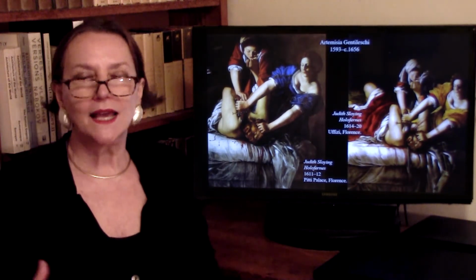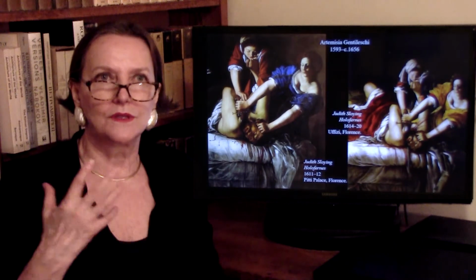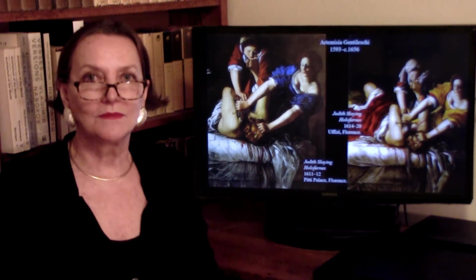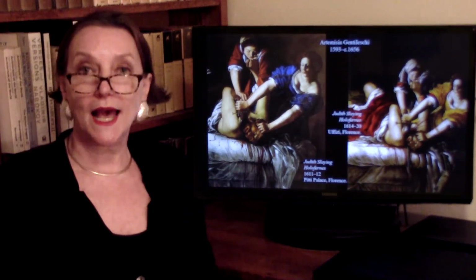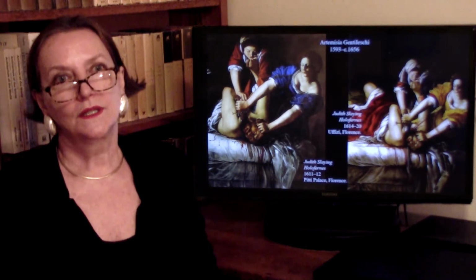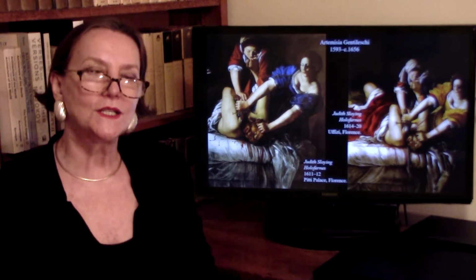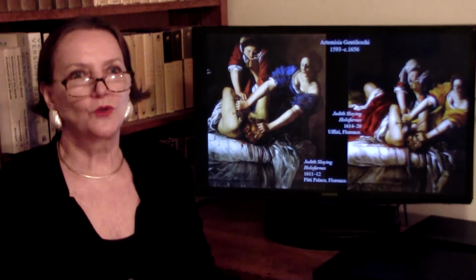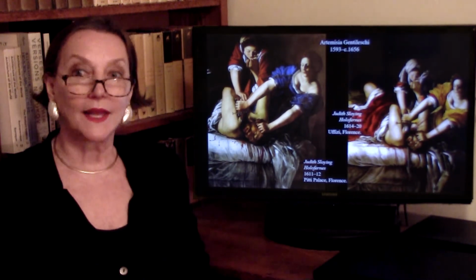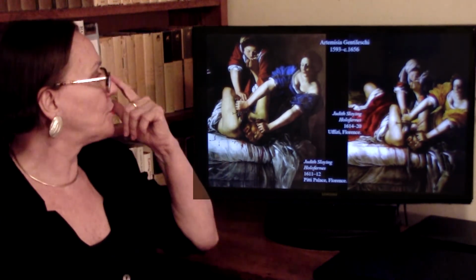So that's one thing. And then another is that he introduced this uncompromising realism into his paintings, and that will not be accomplished again until the early 19th century with Courbet and his group. So very important.